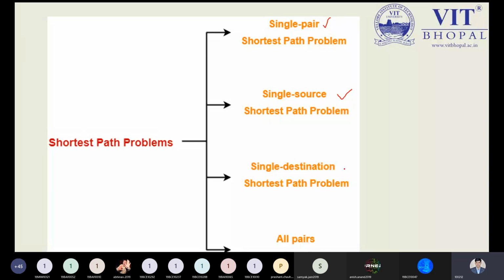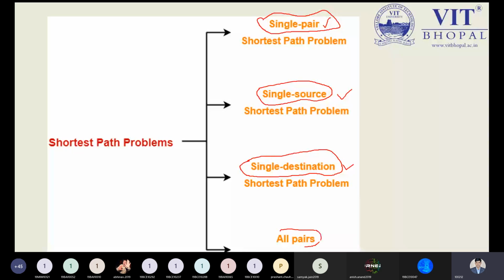Next, we have the single destination shortest path problem. And now we have the all pairs shortest path problem. So the shortest path problem can be solved by four different approaches.